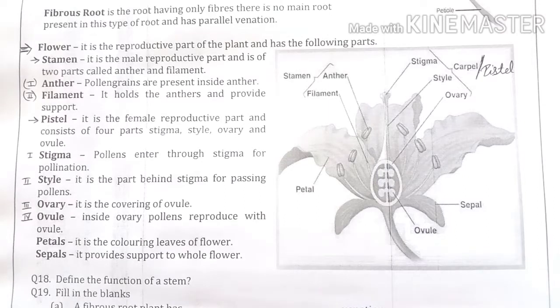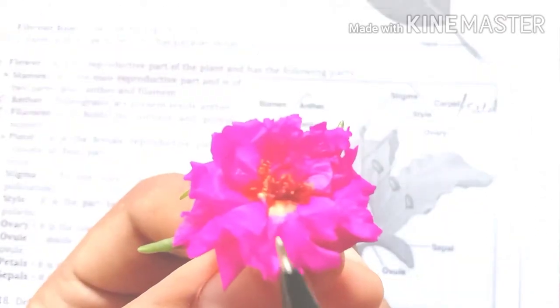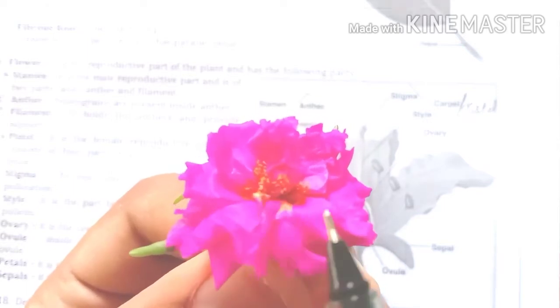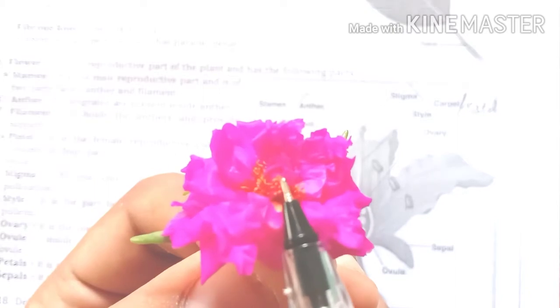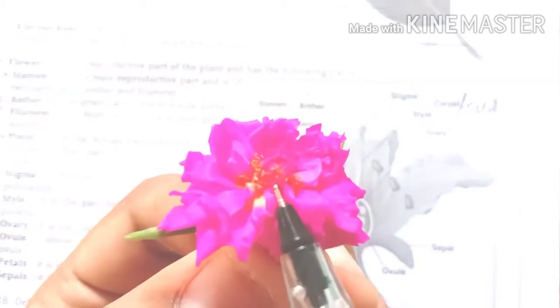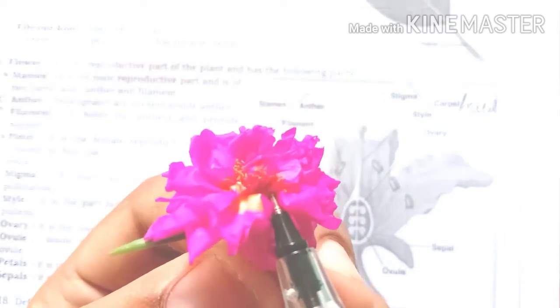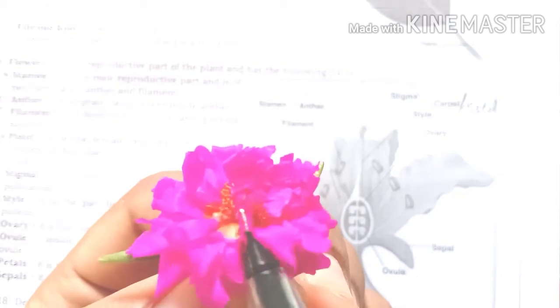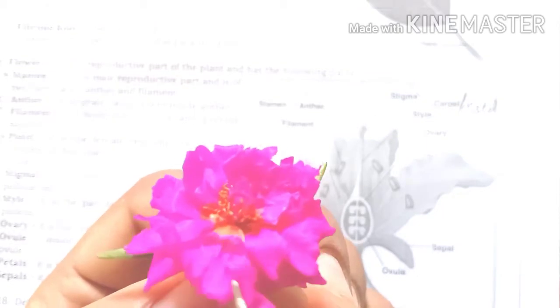Let's understand with the help of a flower. These are the stamens of the plant, in which the topmost are anthers, and below the anthers there are filaments. The filaments provide support to these anthers. These yellow parts are the stamens of the plant.